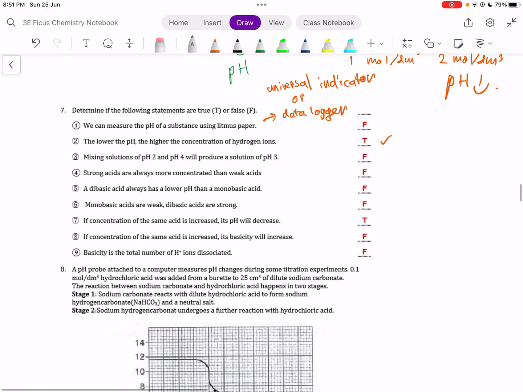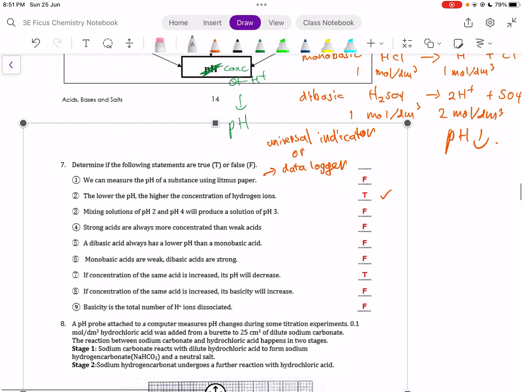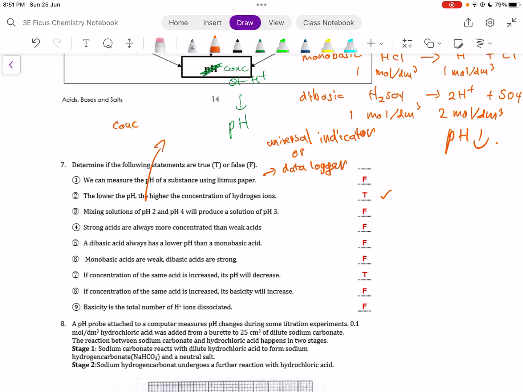For pH 2, the concentration of H plus is 10 to the power of -2. Then for pH 4, the concentration of H plus equals 10 to the power of -4. So obviously when you combine them, pH 3 would mean the concentration of H plus is 10 to the power of -3. Obviously they are not equal, so this is wrong.